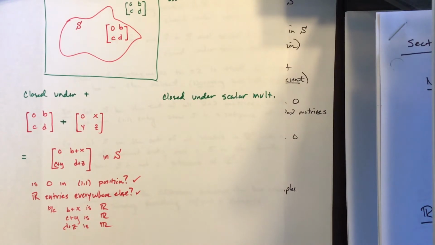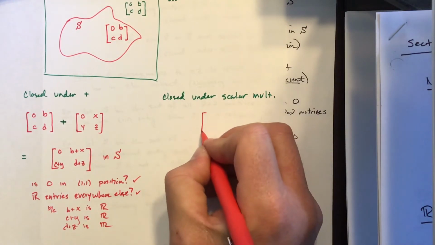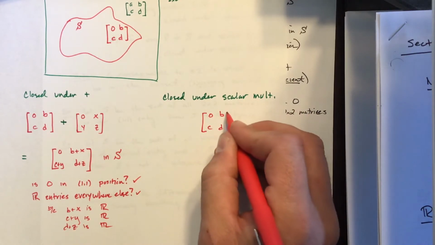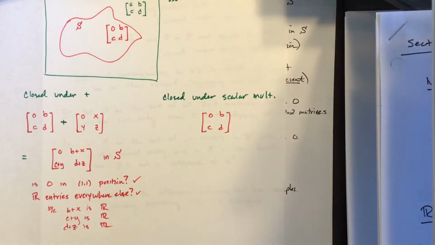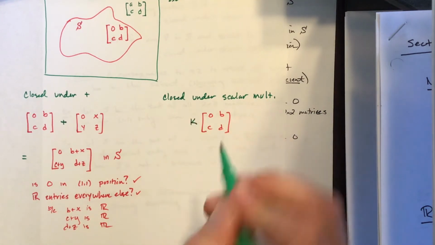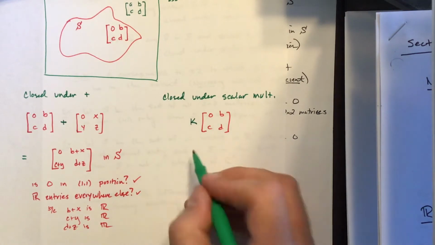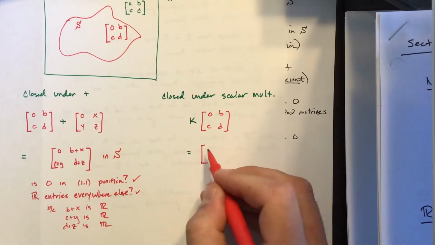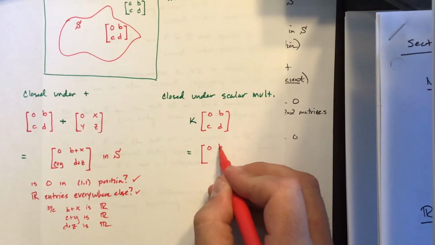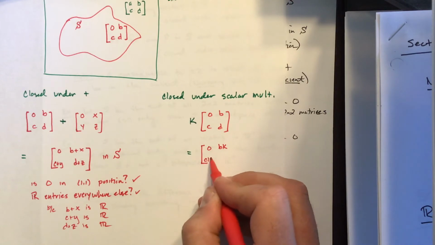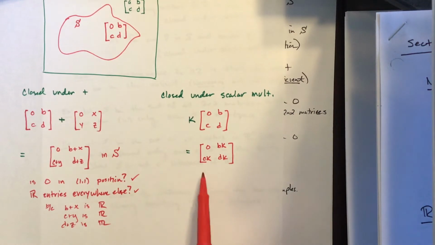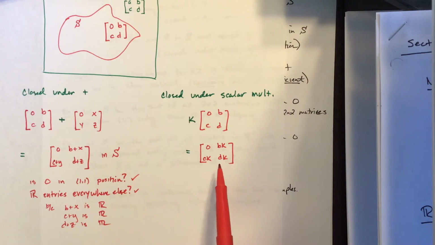You're going to take an element, so we'll go back to 0, b, c, and d, and multiply it by some scalar we'll call k. What does that give us? 0 times k is 0, and that gives us bk, ck, and dk. Is this result of a scalar multiple a matrix that's in our set?